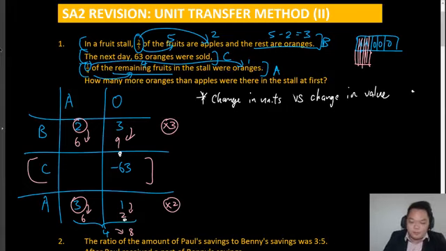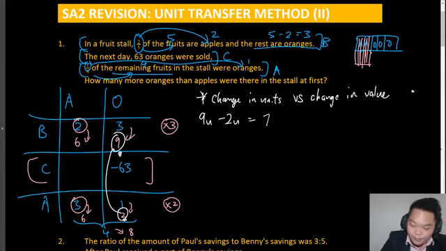You will see that from 9 units down to 2 units, there is a change of 7 units, which is 63. So 1 unit here will be 63 divided by 7 to give you 9.